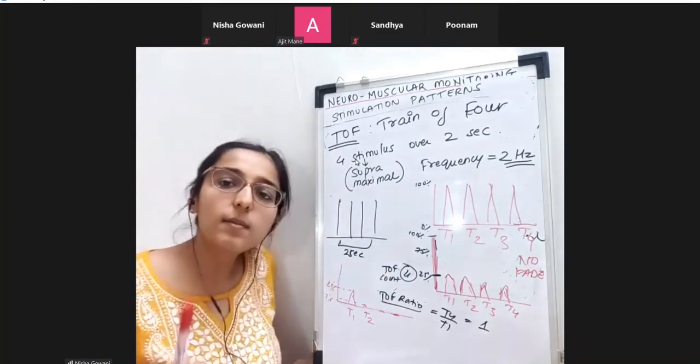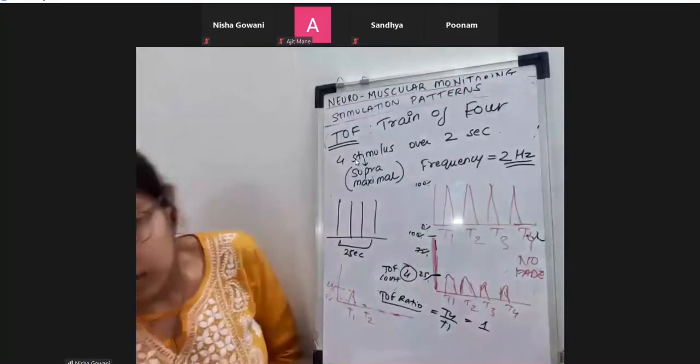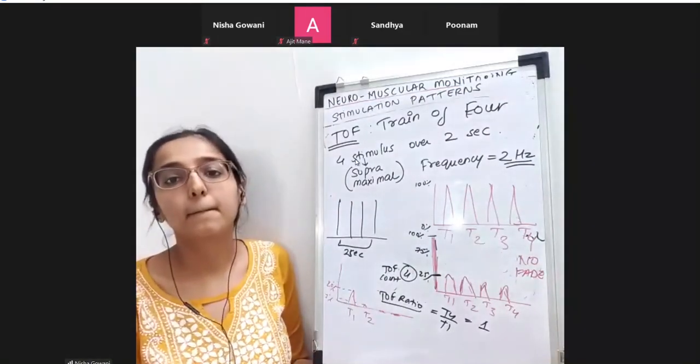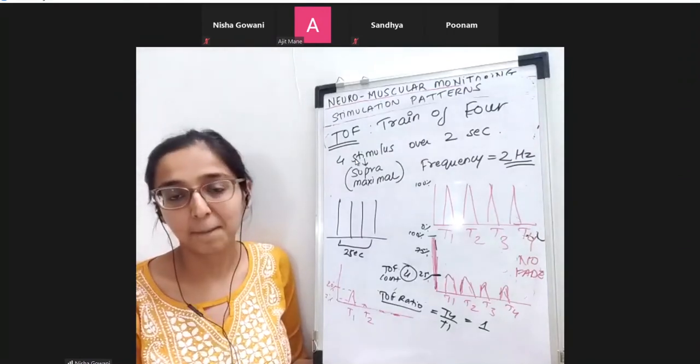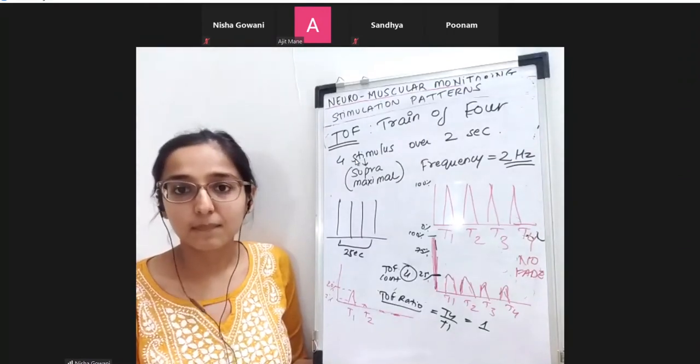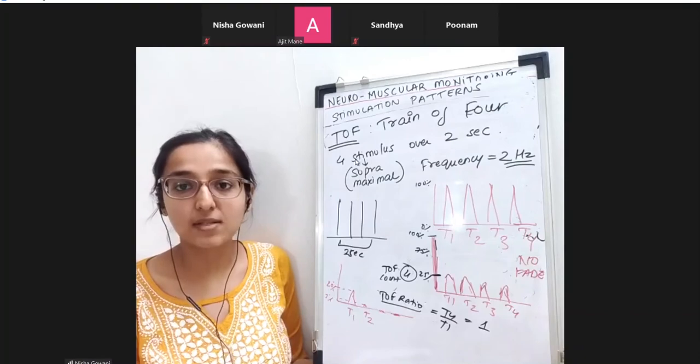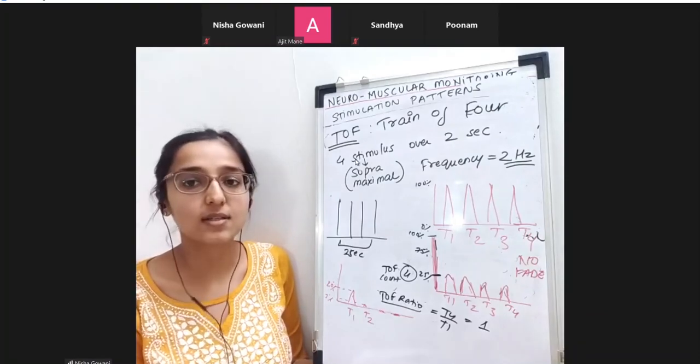Now tell me the TOF count. 4. And what is the ratio? 1. Is it changing as the depth of anesthesia, depth of relaxation is increasing?